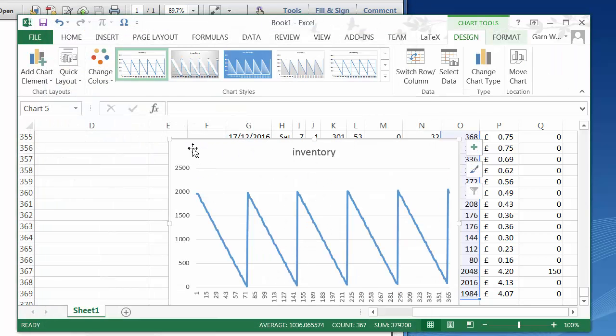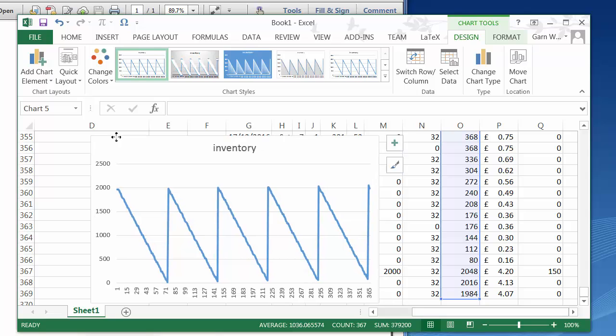And we see nice and neatly what the EOQ is doing. We do see the average inventory is roughly at 1000, and the replenishment is instant. We do see a slight increase in the inventory. Obviously this is due to our imprecision in the days.